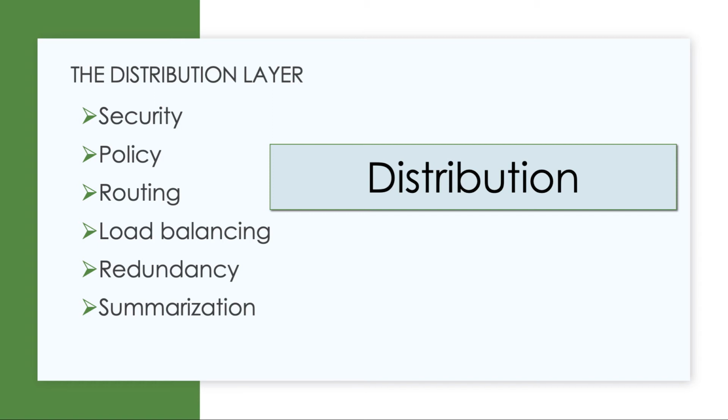Lots of redundancy can be added, and in fact, we add as much as we can afford typically. Summarization is done here, so we make routing more efficient by summarizing as much as possible.